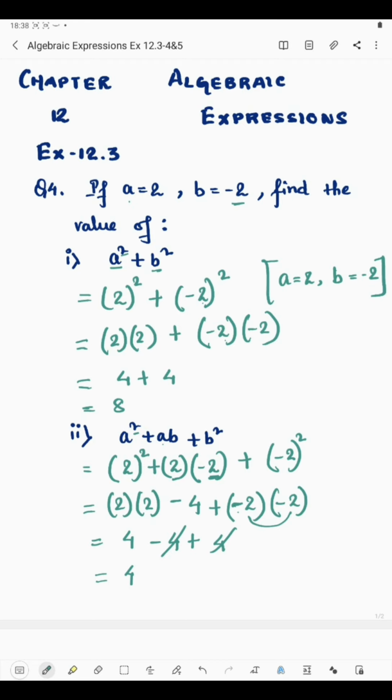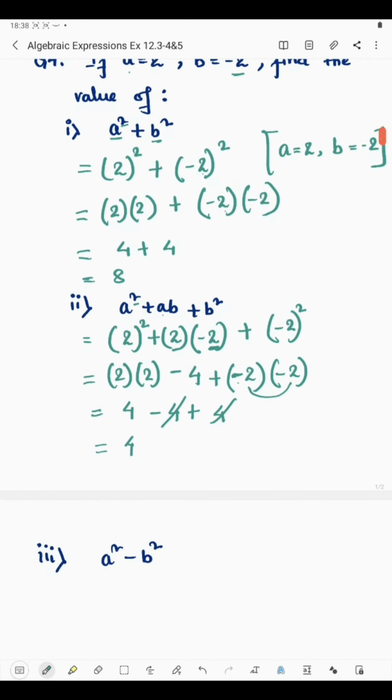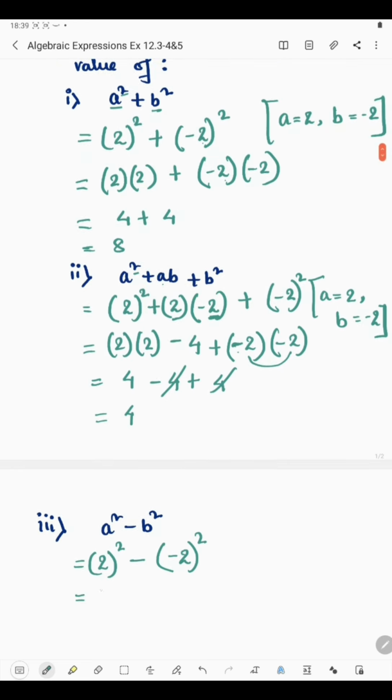Now moving on to the next part. In the third part we have a square minus b square. So a is 2, so it's 2 square, minus b is minus 2, so it will be minus of minus 2 whole square. Now 2 square means 2 into 2. Then we have minus.